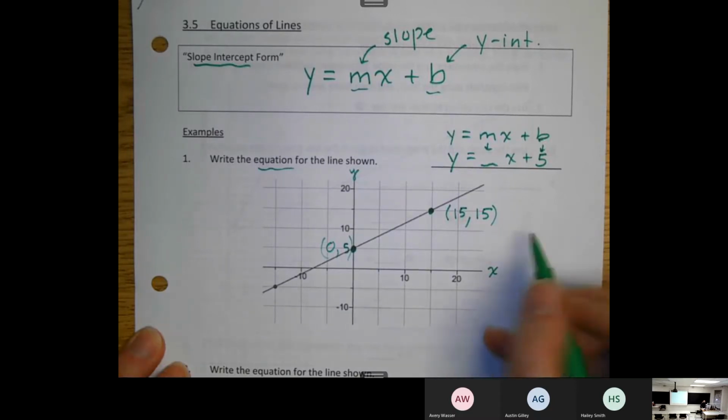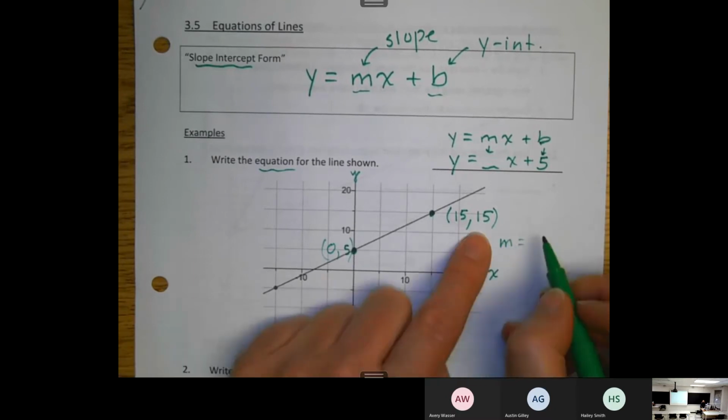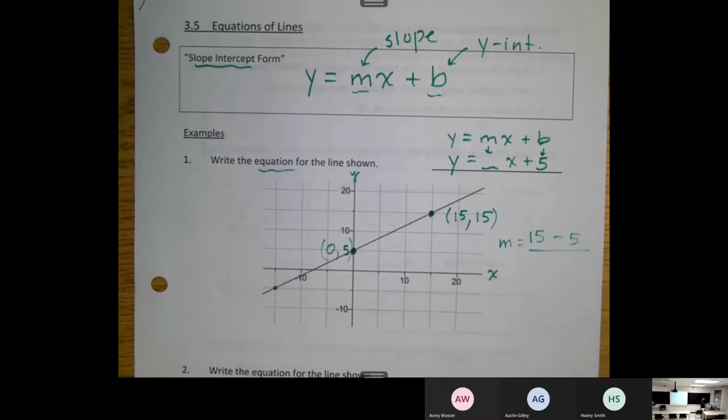We could use our slope formula with those two sets of numbers. Like the second y value 15 minus the first y value 5 over the second x value, which is also 15, minus the first x value, which is 0.